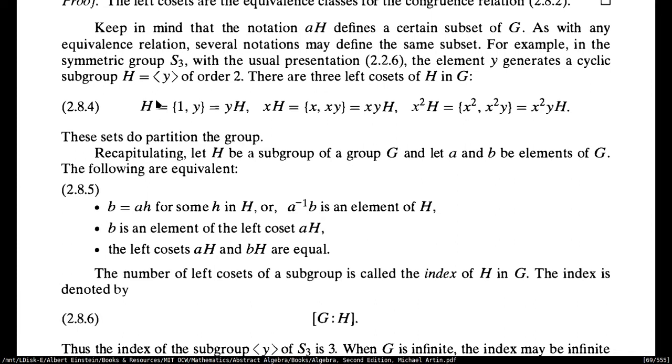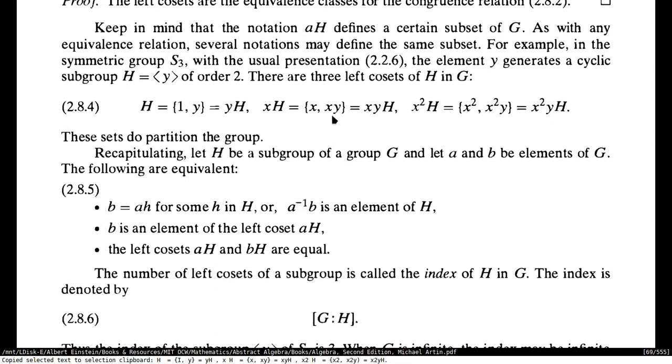So H equals {1, y}. So that will be yH, right? This will be xH, where you'll have x and xy as elements, and that is equal to xyH, right? And you'll have x squared H containing x squared and x squared y, and that will also equal x squared yH.